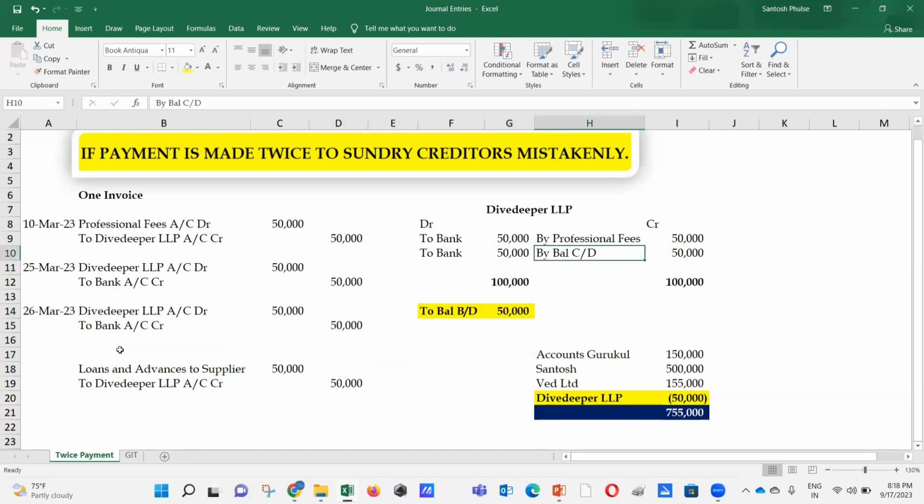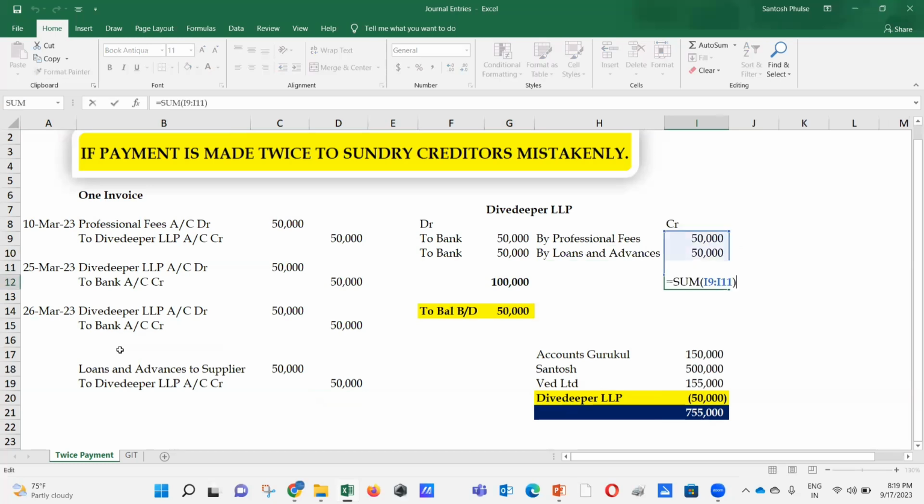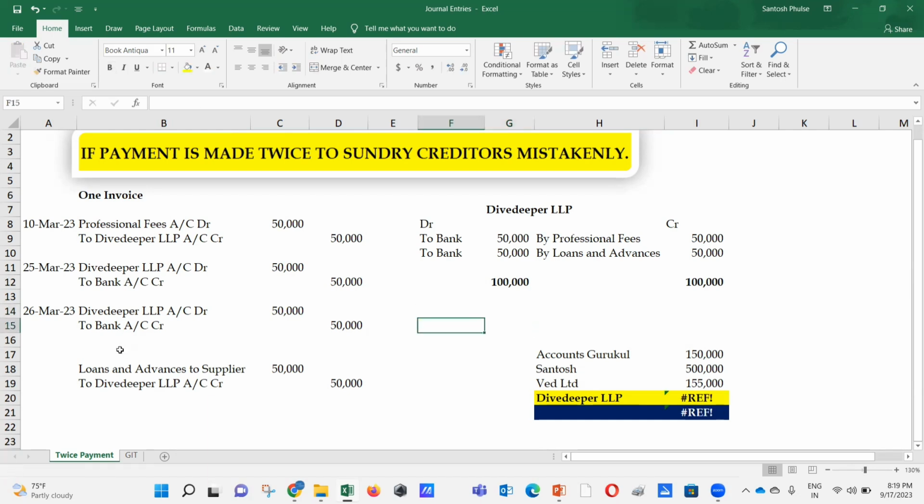And if that becomes loans and advances, then your account is going to be zero, and the balance b/d is not going to be required now. So that's the way you have to do it, and this is also going to be zero. So your current liability is going to show as 8,05,000, and the loans and advances to supplier is going to be shown towards the current assets as 50,000.